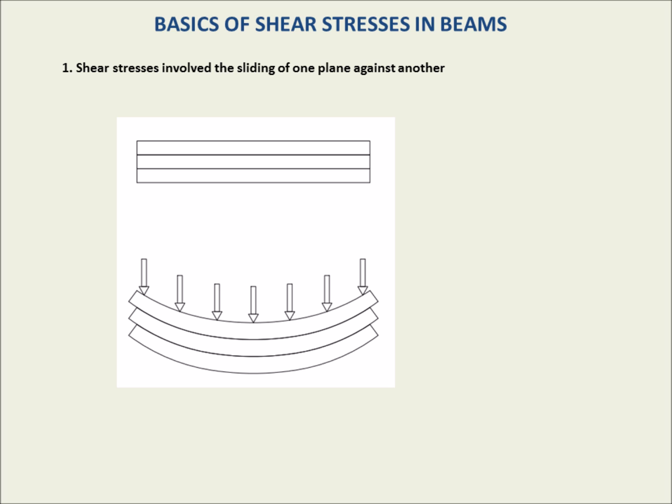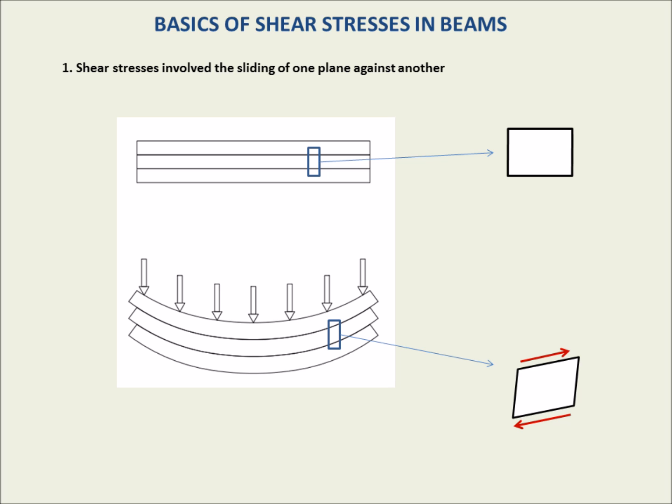So if we consider a piece of the unloaded beam, we see a rectangular portion, unloaded, unstressed, undeformed, and we consider a portion of the loaded beam, we have on the top and on the bottom these shear stresses that keep the pieces together.